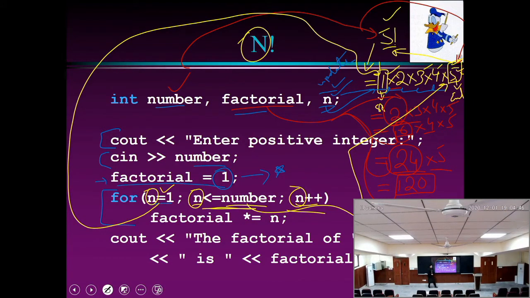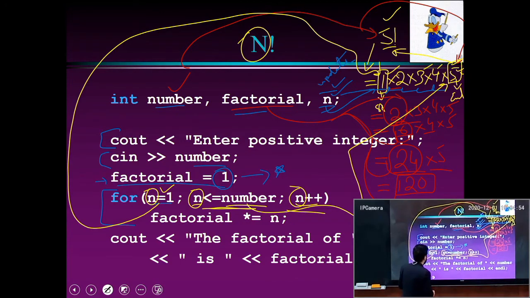So it actually controls the loop of the logic, the loop that we want to iterate here. So n will update. The increment operator will update the value of n. Now you can see in the formula that factorial star equal to n.